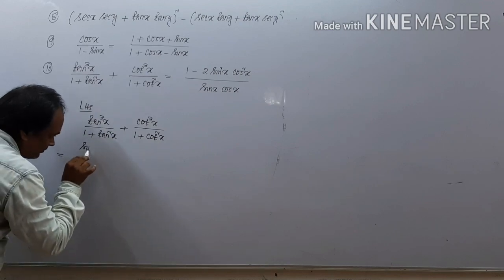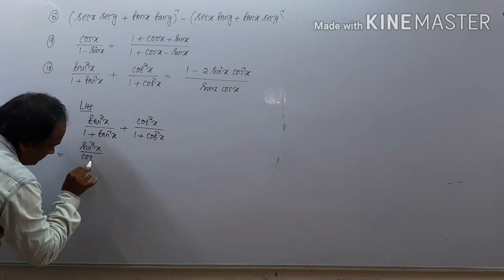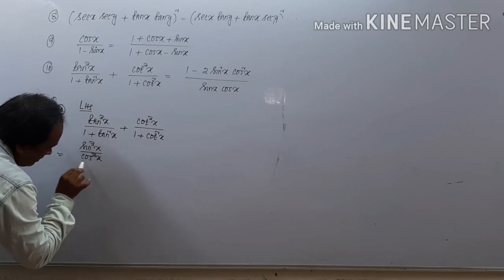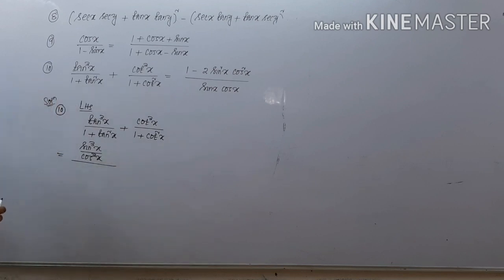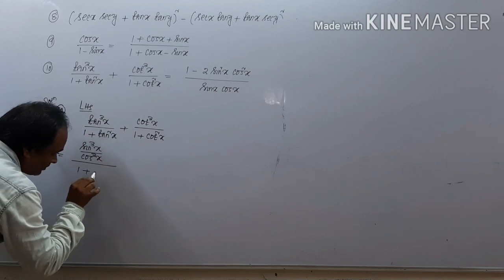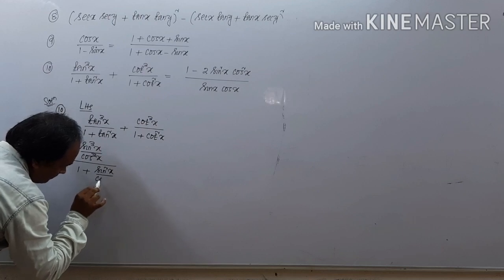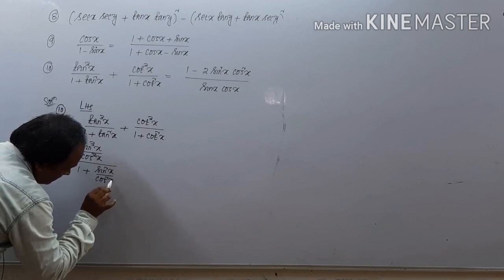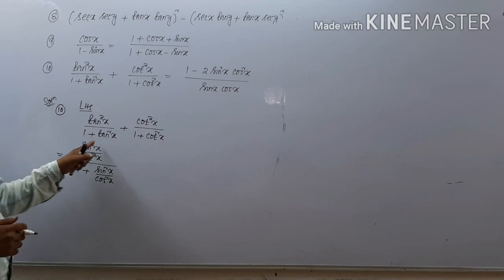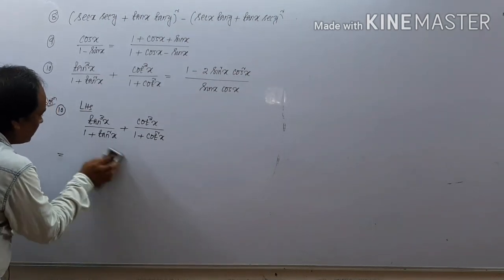Clearly it is sin cube x by cos cube x, whole divided by 1 plus sin square x by cos square x. Here 1 plus tan square x is present, otherwise we can directly put the formula over here. That is very easy, right?